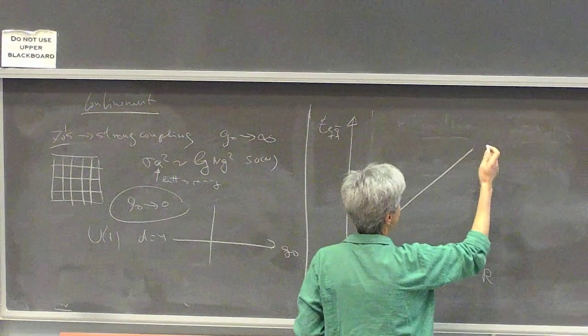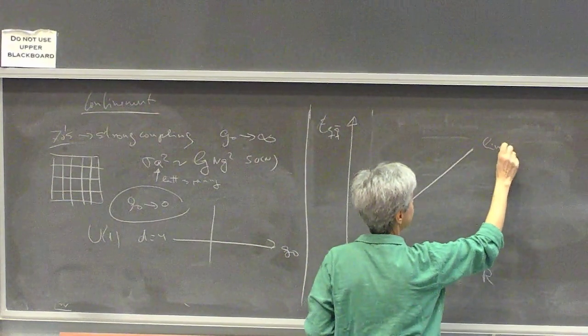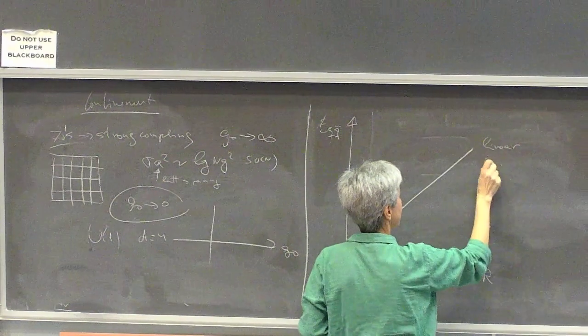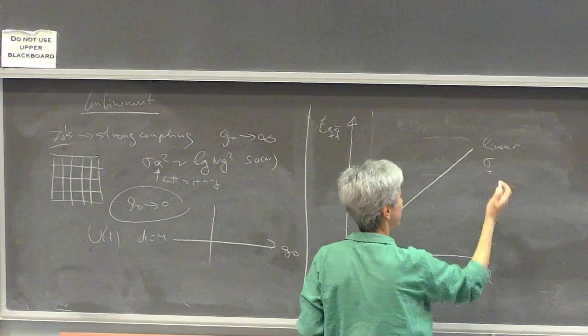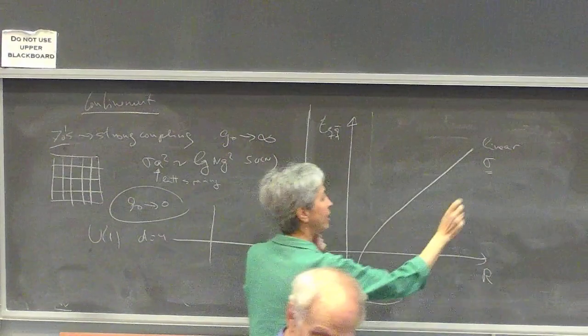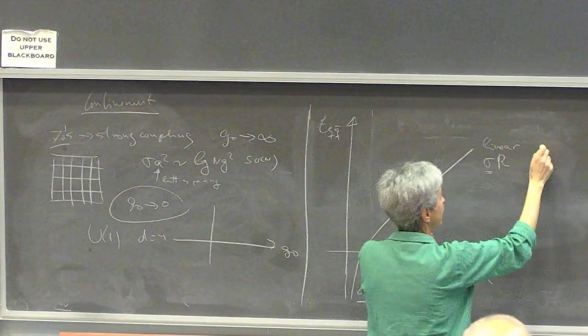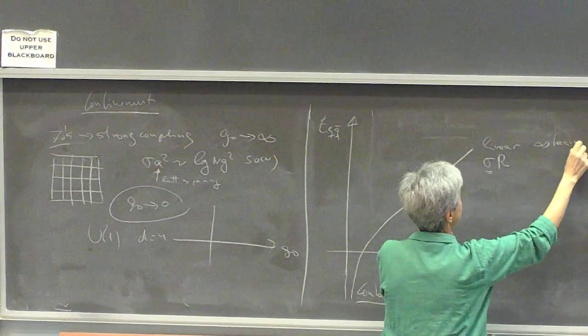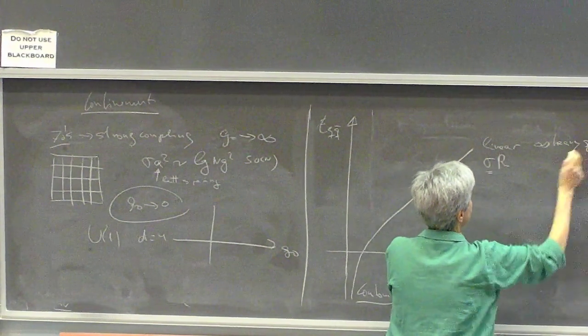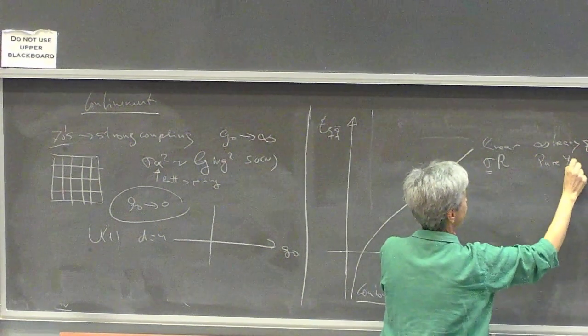And is linearly rising here with the string tension given in this way. This is for infinitely heavy quarks, or if you want for pure Yang-Mills.